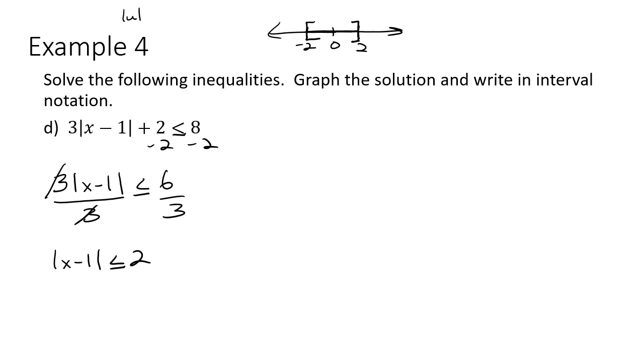All right, and so that means that our thing inside of the absolute value, x minus 1, has to be greater than or equal to the left endpoint -2, less than or equal to the right endpoint of +2. Now I'm just going to add 1 to all 3 parts of the inequality.